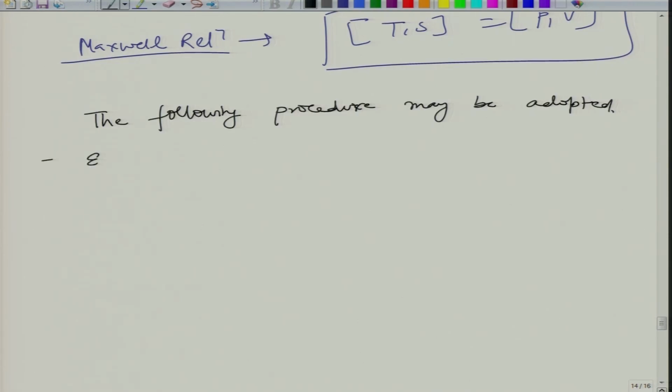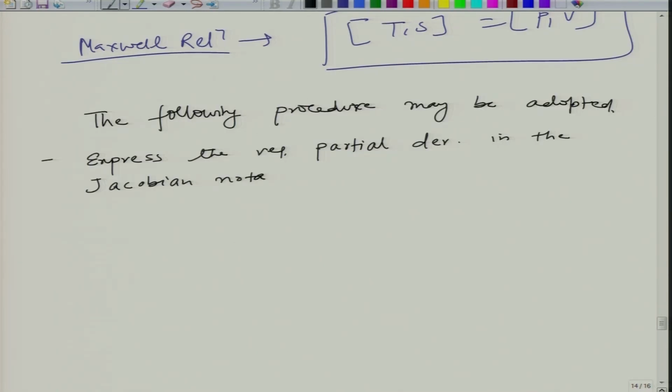So, express the required partial derivative in the Jacobian notation. So, that will be the first step.